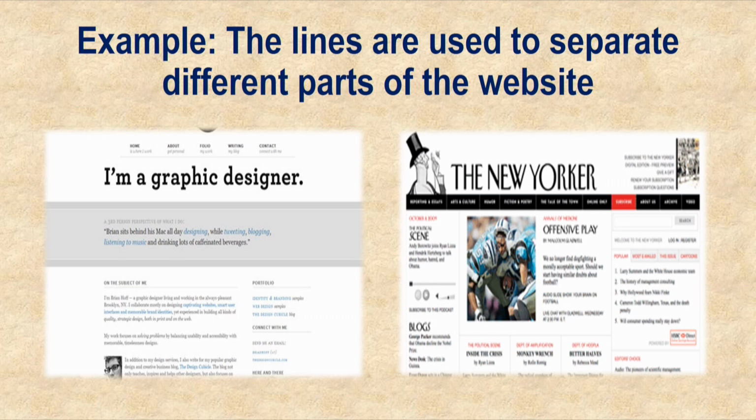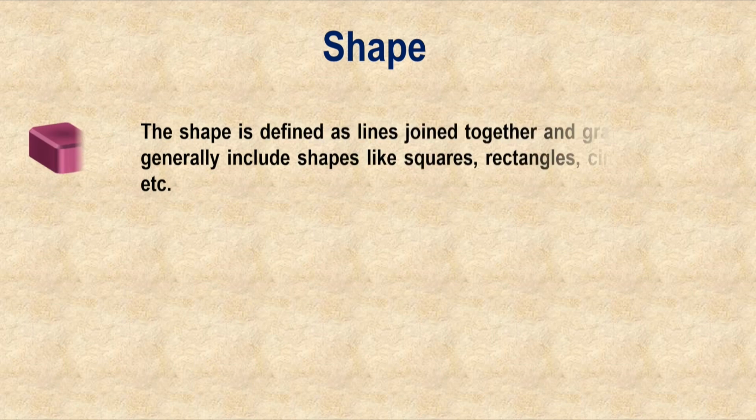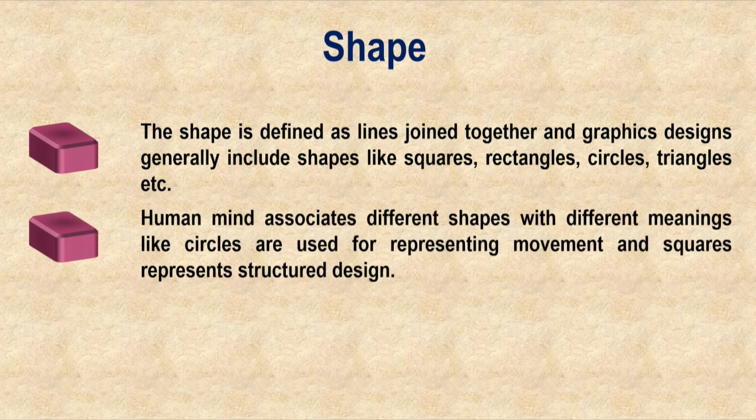The next element is the shape. Shape is defined as lines which are joined together to form a specific shape. These can be squares, rectangles, circles, triangles, and so on. The human mind is habitual of associating different shapes with different meanings. Say for example, circles are used for representing movement and squares are generally used for representing a structured design.